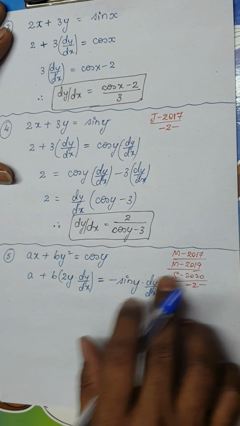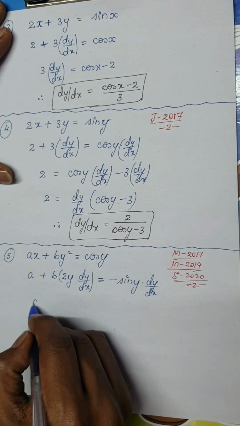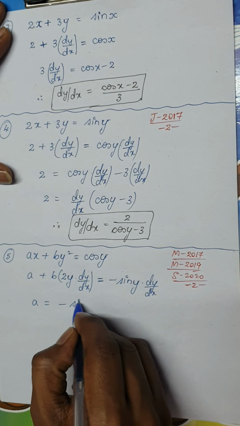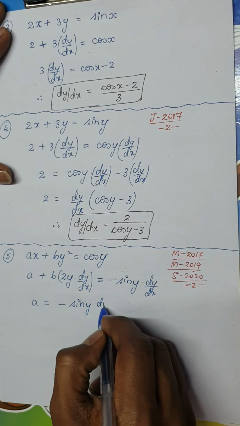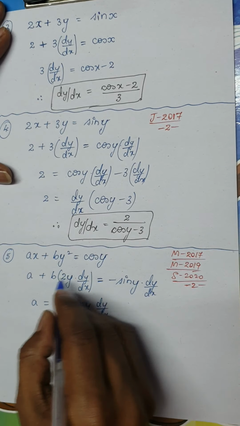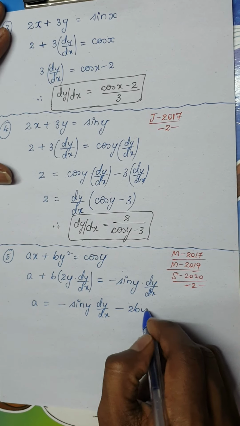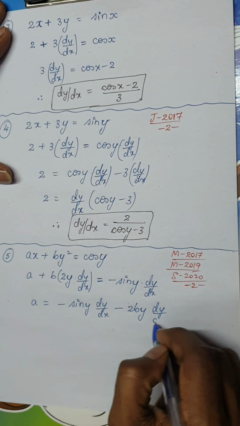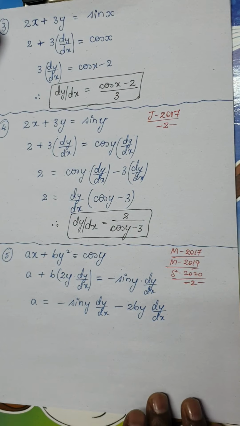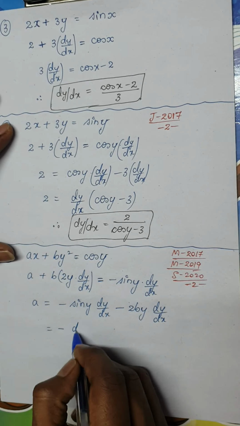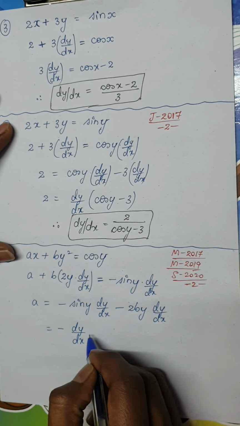Okay, bring both the terms of dy by dx to one side, I'll get a is equal to, now I'll have minus sin y into dy by dx. When this comes to right hand side, that will again be negative, minus 2by into dy by dx. Okay, you can see here in both the terms I have minus common and I also have dy by dx common.